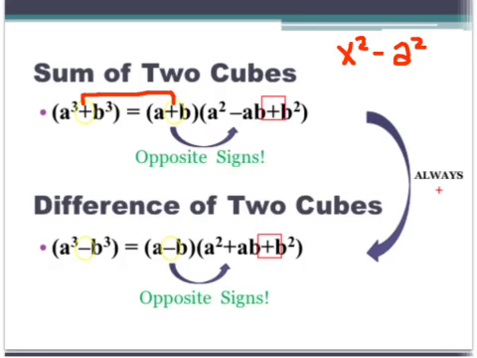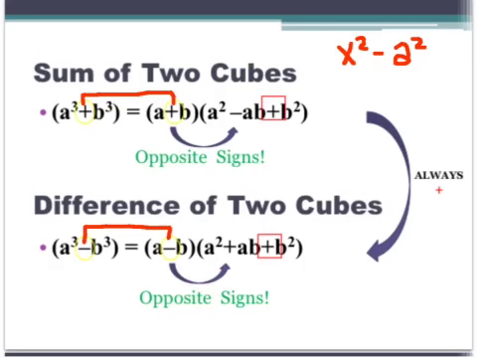It's going to sound like a lot to remember at first, but really it gets easier. I want you to notice something. Whenever we do the difference of two cubes, it's the same exact process. It's exactly the same, except this sign right here is going to change whenever this sign changes. So remember, these always match, and then these guys are always opposite.